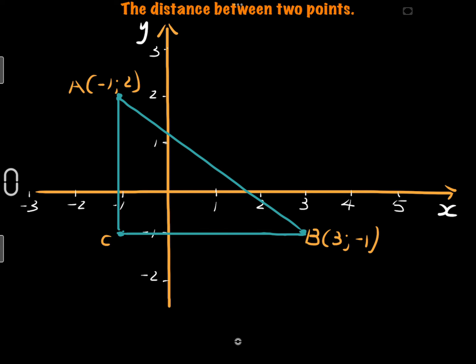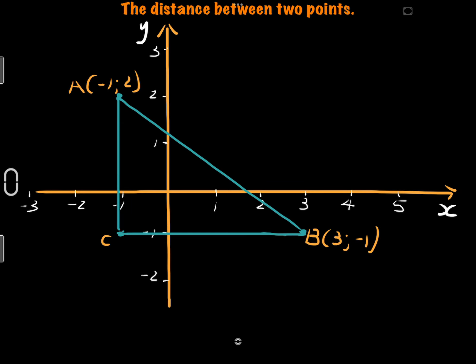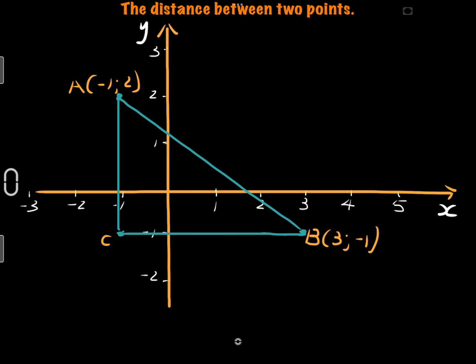Okay. So now we need to identify other variables here. We have this side here indicated as c, and then this side is indicated as b, and then this side here is a.